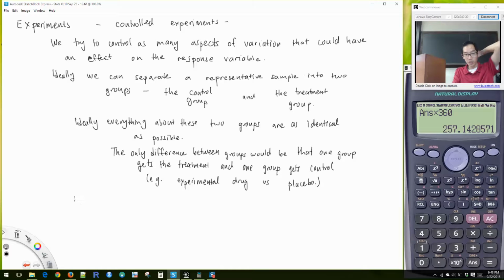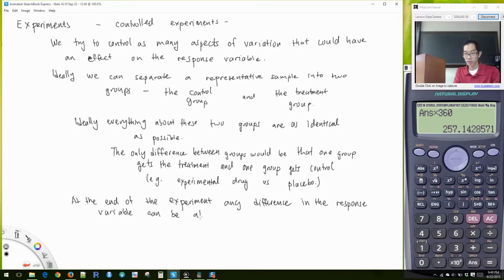And at the end of the experiment, any difference in the response variable can be attributed to the difference in groups, or I should say, to the difference between treatments.